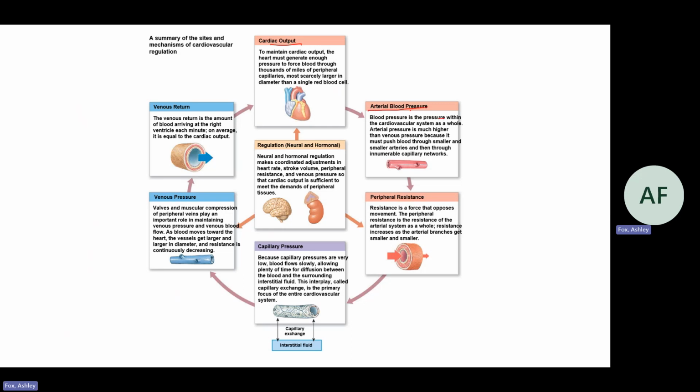This is again pressure in the whole cardiovascular system, but arterial pressure is a lot higher than venous pressure because again, it's going from large to small. It's harder to go from large to small than going small to large.